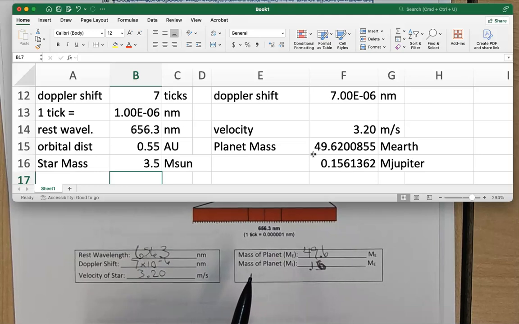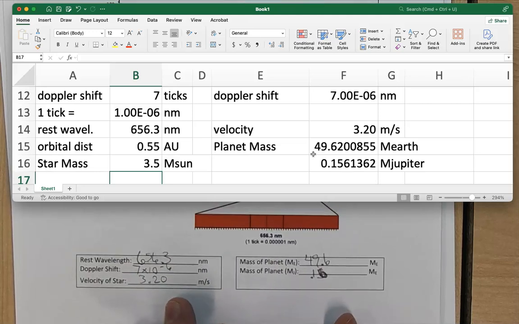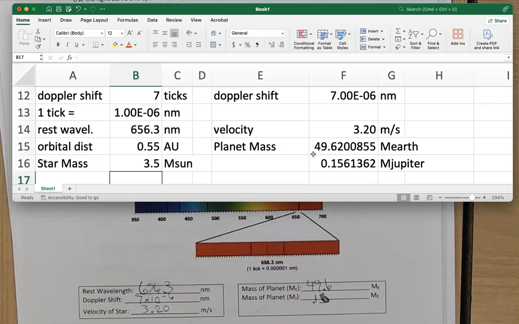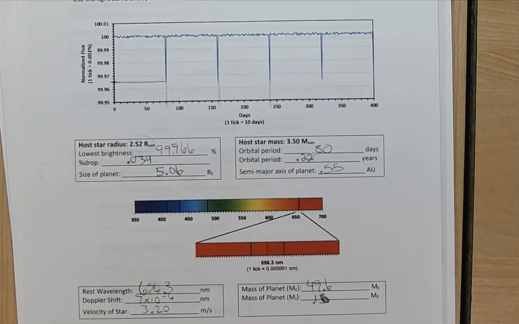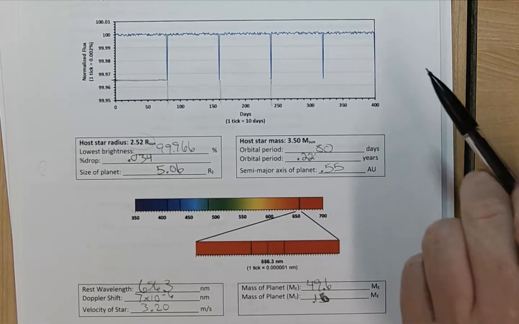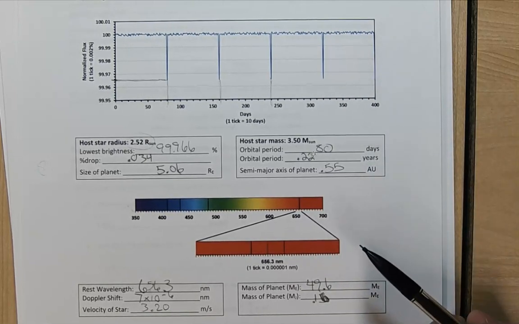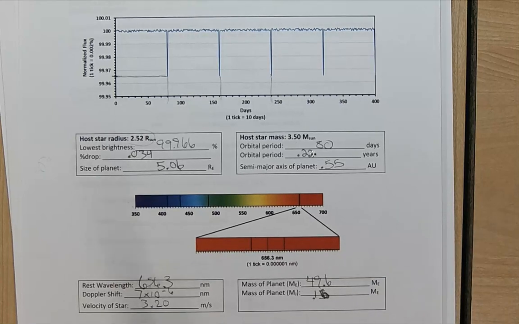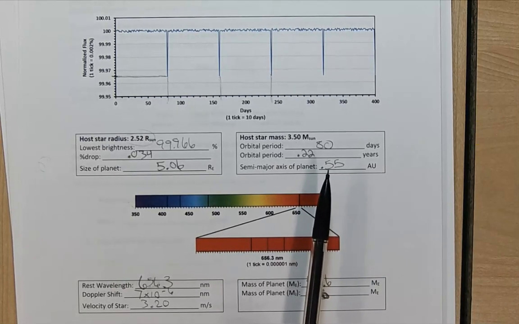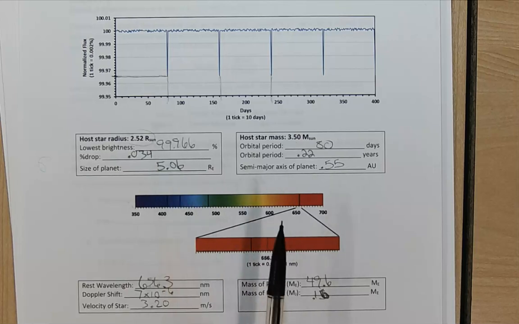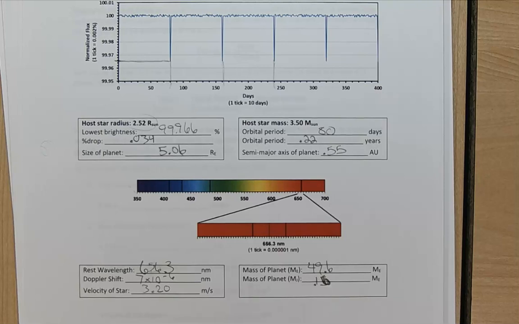Well, okay. Now we know a lot using these two methods, right? We've got the transit method, we've got the Doppler method, and now we know a lot about the planet. We know what its orbital distance is. We know how big it is. We know how massive it is. What else can we figure out? Turns out a lot.